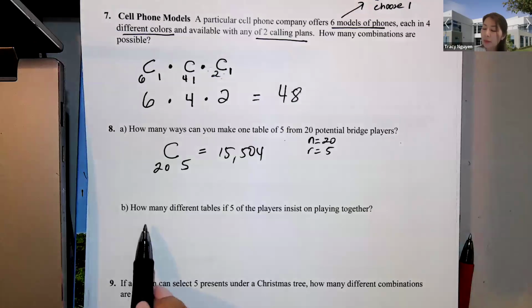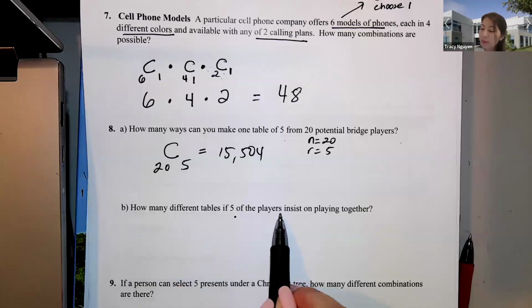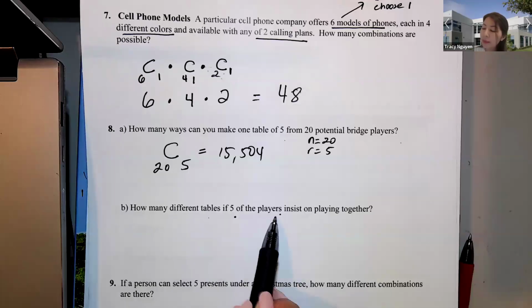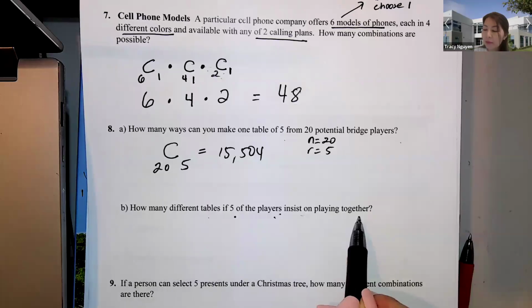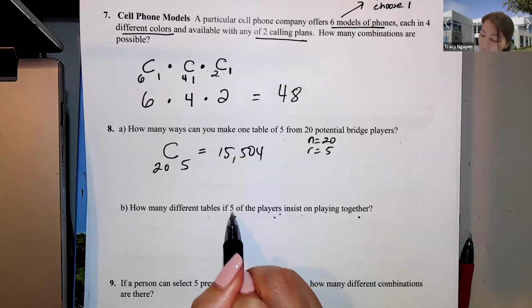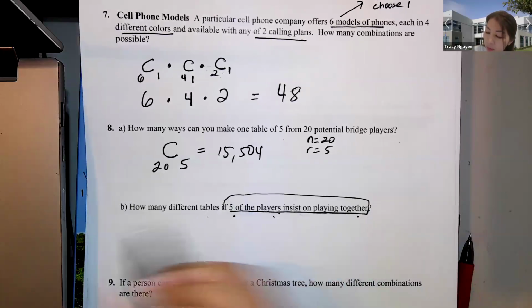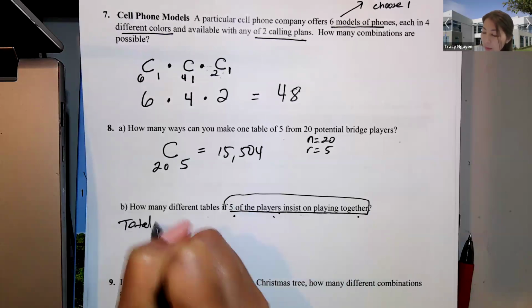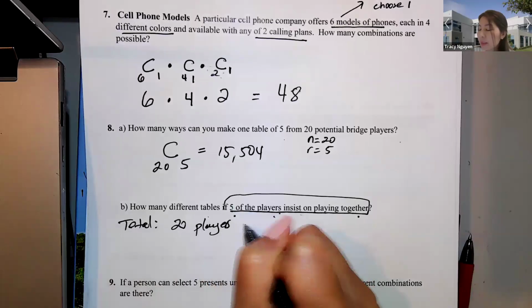How many different tables if 5 players insist on playing together? Okay, now we really need to be careful on this one. If 5 players insist on playing together, we have a total of 20 players, but we have 5 players insist on playing together.